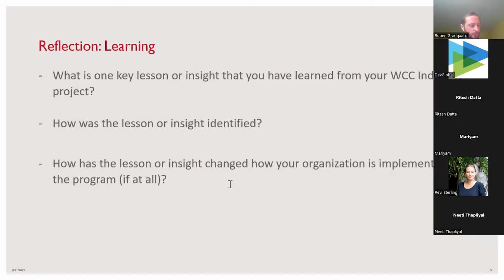From this lesson and insight, our organization is focusing on, and we have identified, 5 ways that women are preferring to enhance their livelihoods through digital means.